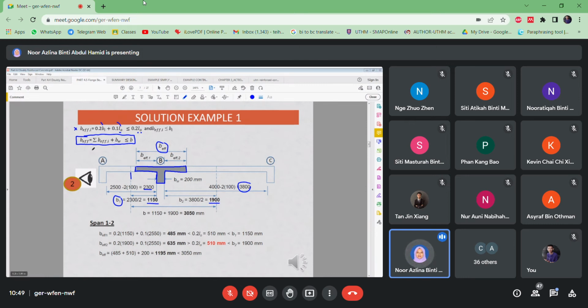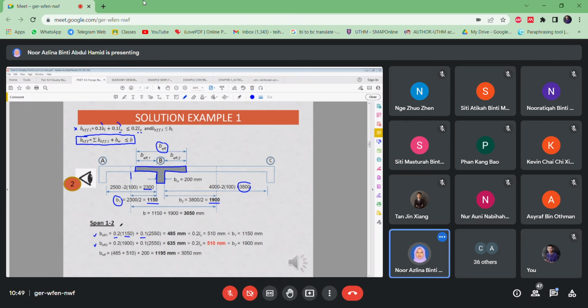Okay, so by using this equation, you will get two sides, right? Because T section has two sides. Side for B1, side for B2. So just replace the value here, 0.2 B1, which is 1150, plus 0.1 LO.